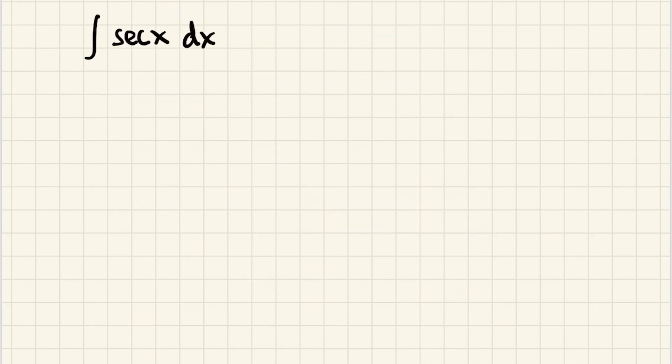Here's another one that's missing from the conversation. The antiderivative of secant. Well, this one has a very interesting trick. So I'm never going to ask you to repeat this trick, but it's important that you see it once. So the move is that we multiply by 1, but a very special version of 1.